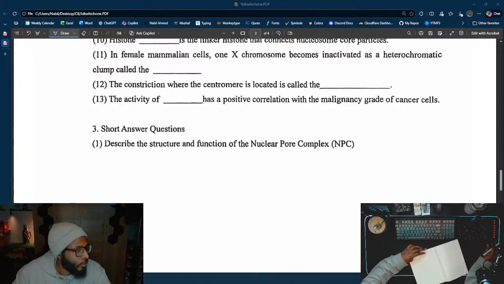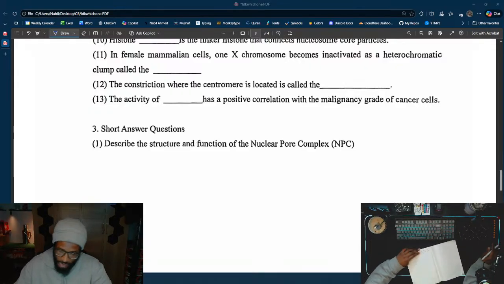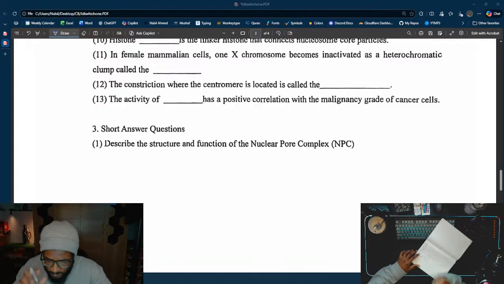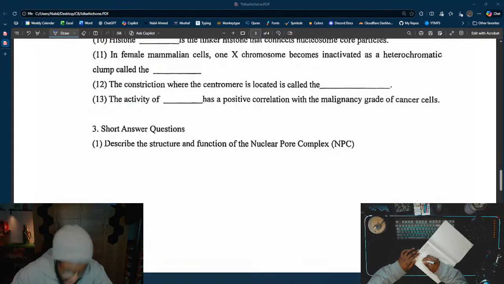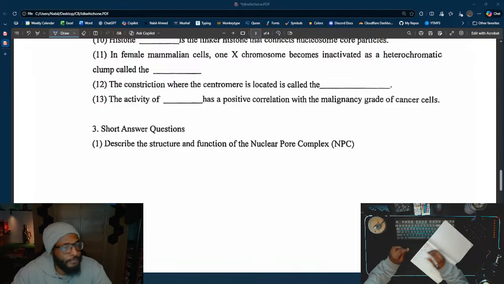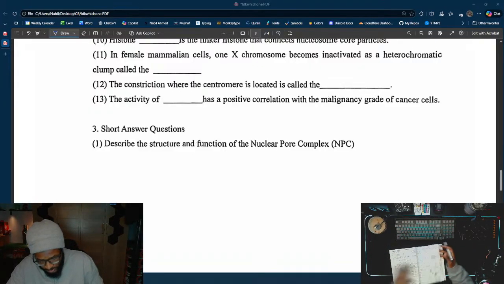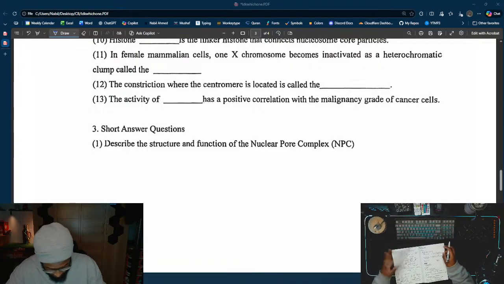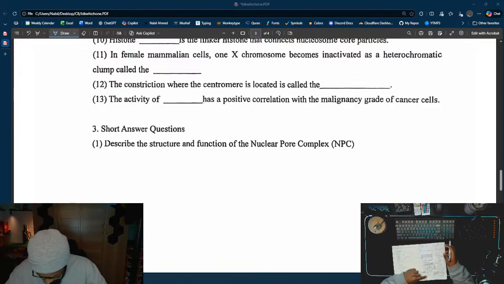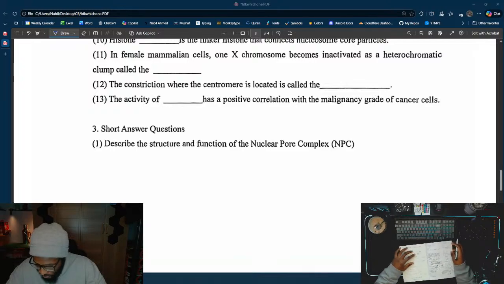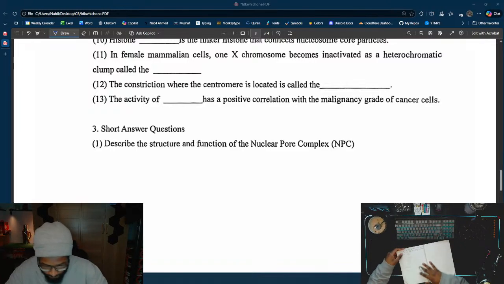Actually, before the central plug, we should mention the 8 short filaments on the cytoplasmic ring, the granular filaments that act as receptors.